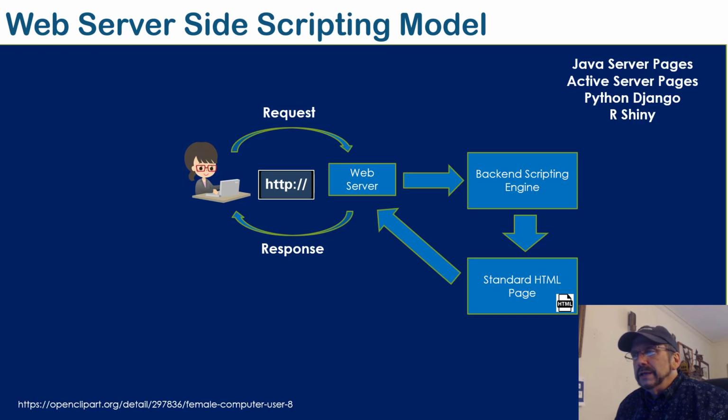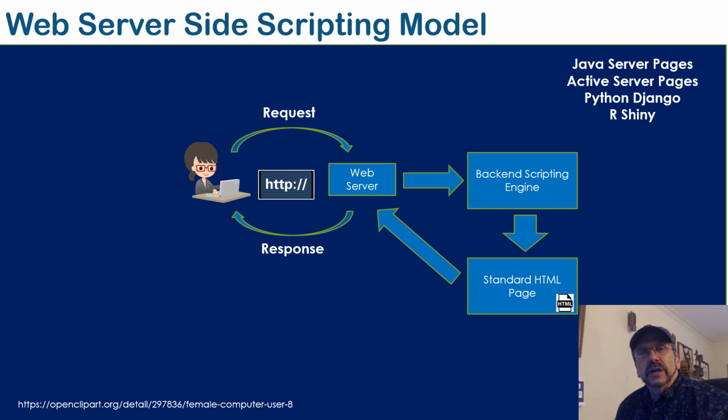That URL actually directs their request to a specific web server, and the web server gets it, and from the breakout of that URL, it determines, what do I do with this? Well, when you're using some sort of a server pages generator, it goes to a backend scripting engine, and the backend scripting engine, we'll say it's in Java, will then take what you asked for, and it will determine what it needs to do to satisfy your request.